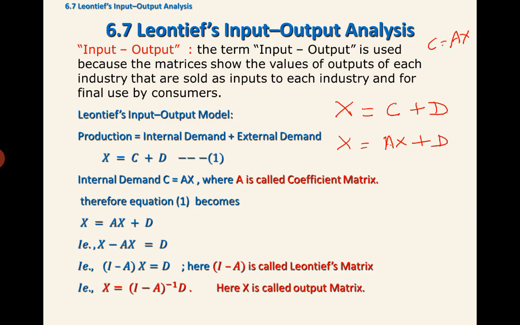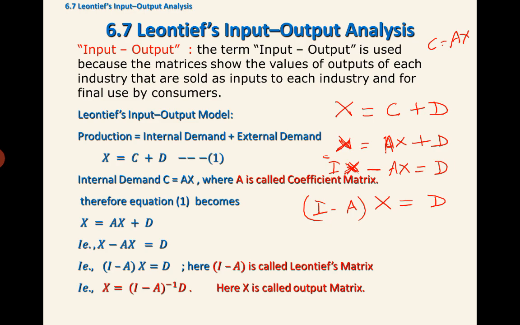Remember here every element is a matrix, so matrix subtraction, matrix multiplication and factorization should all be carefully done. So X is I times X, where I is the identity matrix of the same size as the A matrix, and subtracting AX on the left side, it is equal to D. Now X is a common factor, so this is (I minus A) times X equal to D, because when you take the factor X outside, it will be 1 here.